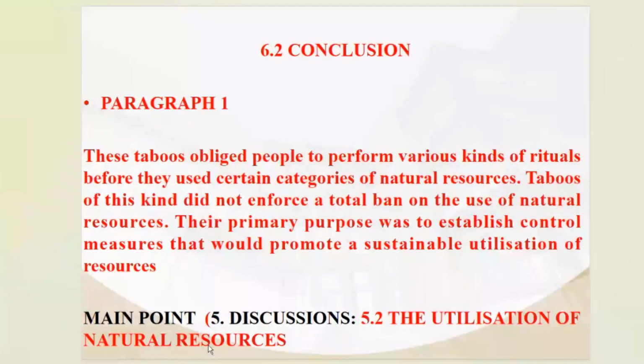Taboos of this kind did not enforce a total ban on the use of natural resources. Their primary purpose was to establish control measures that would promote a sustainable utilization of resources. And this discussion is available, as I've said, under chapter 5, 5.2.